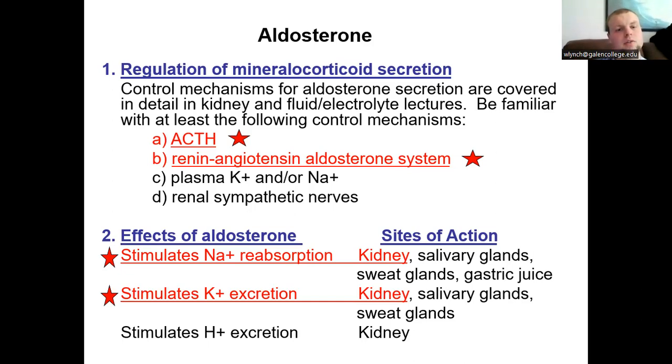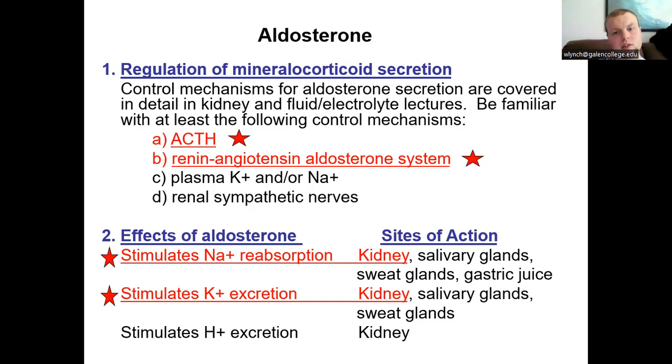The effects of aldosterone: it's going to stimulate sodium reabsorption. It's going to reabsorb that from the kidneys. Also, we have less secretion from the sweat glands and less secretion in the gastric juice. So we are trying to conserve sodium. It's going to stimulate the excretion of potassium. So this is the opposite of that. We are absorbing sodium, trying to hold on to sodium, and we are excreting potassium.